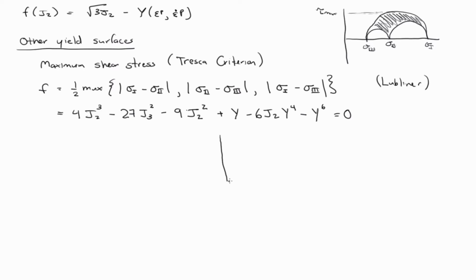So in stress space, principal stress space, looking down the hydrostat, what does the J2 model look like? Circle, right?